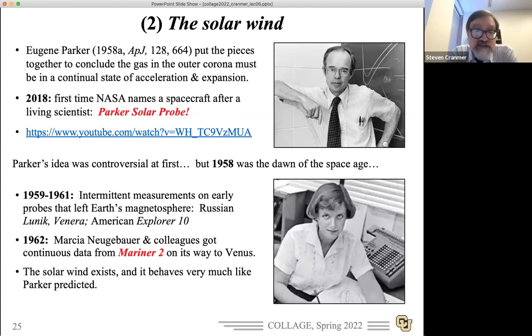It wasn't until 1962 that Mariner 2 was on its way to Venus, and Marcia Neugebauer and others had the right set of instruments on there, and they really confirmed the predictions from Parker. So yeah, it was the discovery of the solar wind only about 4 years after the prediction.